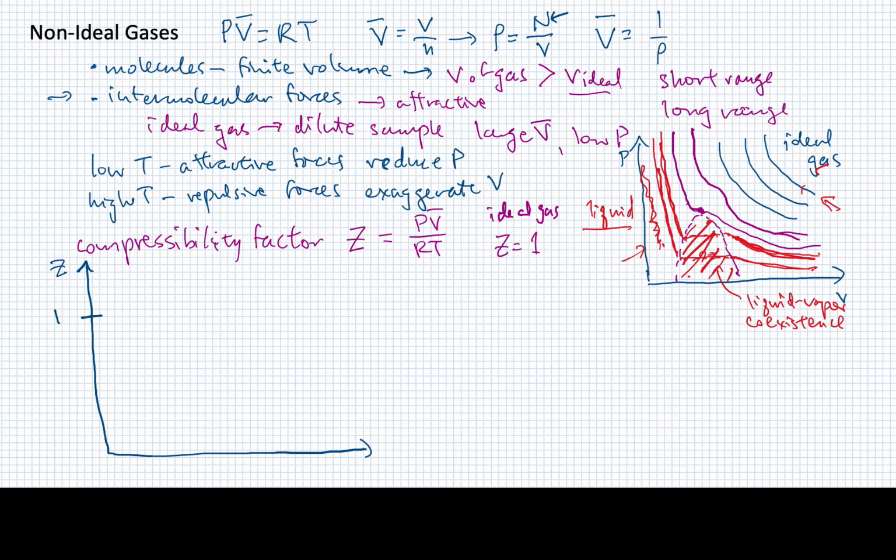What am I going to draw it as a function of? Well, let's see how it varies with pressure. So I'm going to let pressure elevate from 0 pressure up to high pressure. We know that all of these substances that we deal with near 0 pressure, that corresponds to a dilute sample, low pressure.